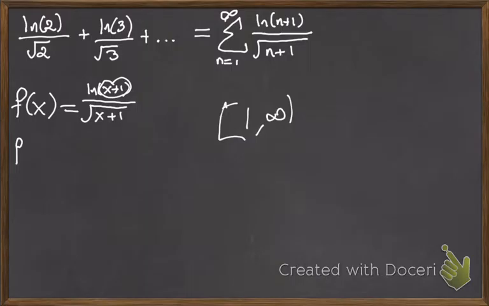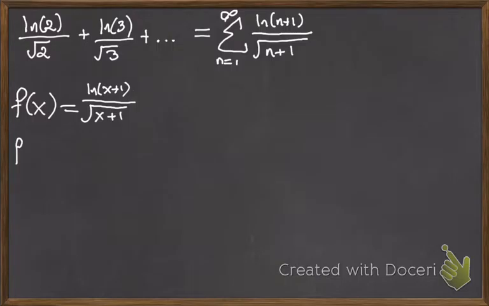The other thing is we need it to be positive, and then we need it to be continuous and decreasing. This is a continuous function over a continuous function, and the natural log's problem point is at -1, which is not in the domain of either one. So this is continuous on its domain.